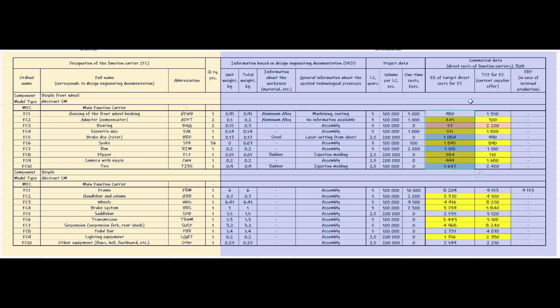Filling in these columns is performed after filling out the abstract functional model form, because in value design engineering the target direct costs for components are determined, as a first approximation, based on the average value of the expert assessment of functional significance. See column M, average, of the abstract functional model.